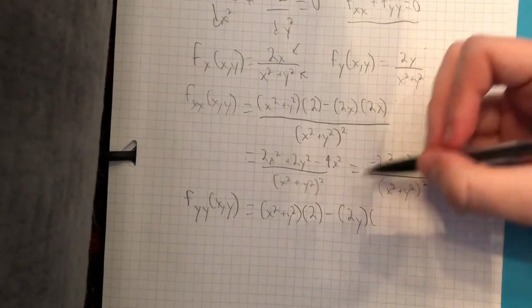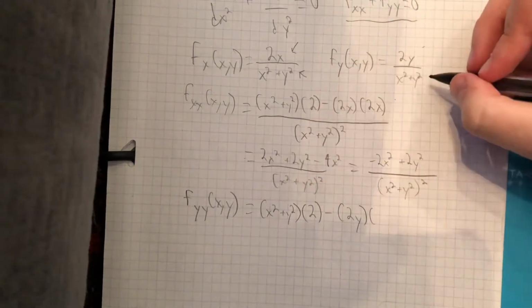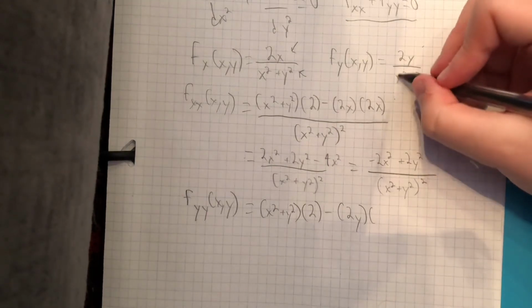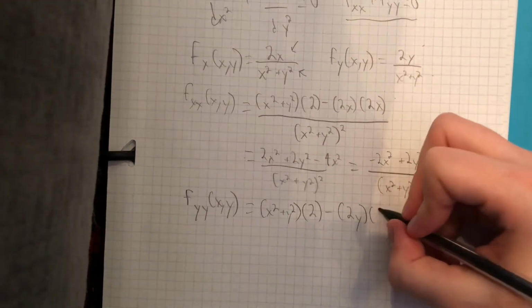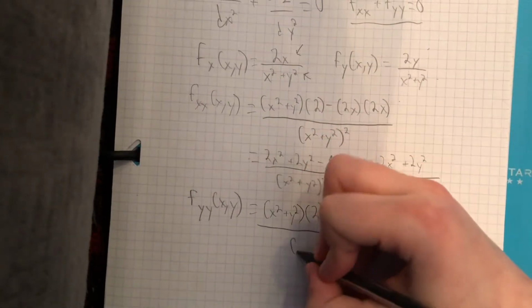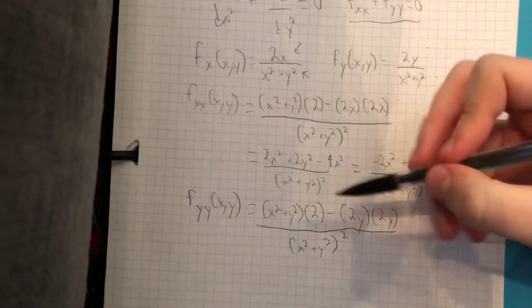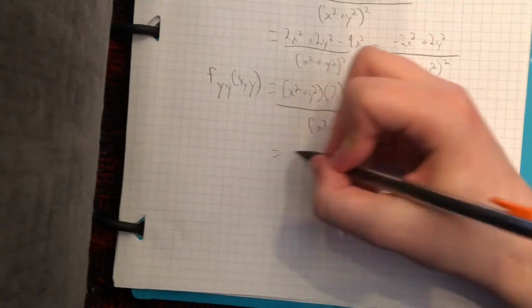So even though g prime of x in the last was 2x, in this one it's going to be 2y, because in this case x is a constant, y is our variable. So we just get 2y again over x squared plus y squared, squared. You can already see these are starting to look pretty similar. That's a pretty good sign. So we're going to simplify this a little bit.